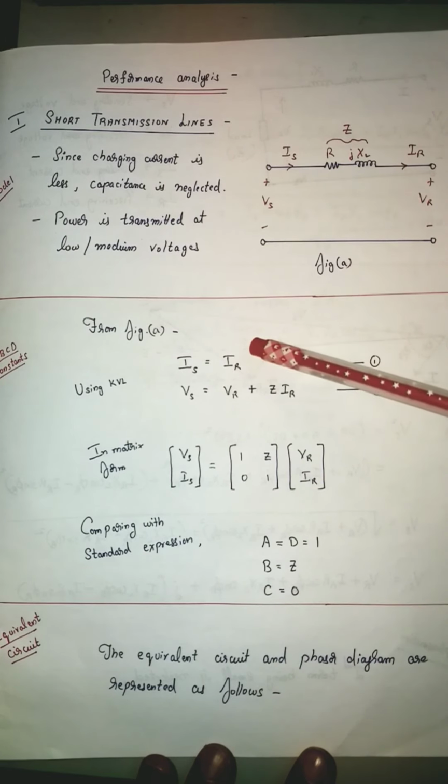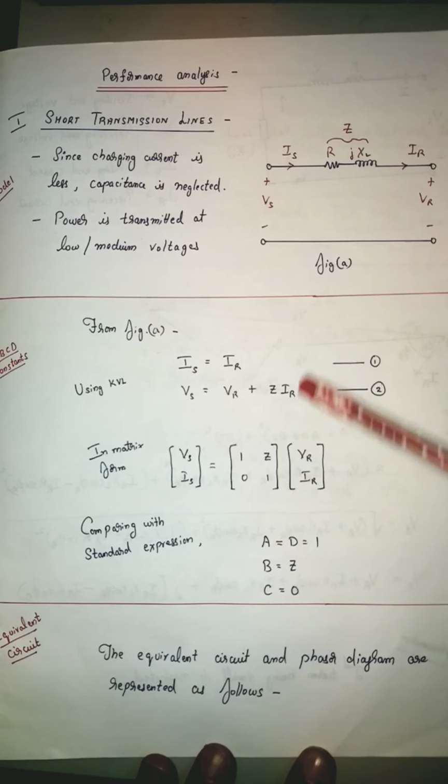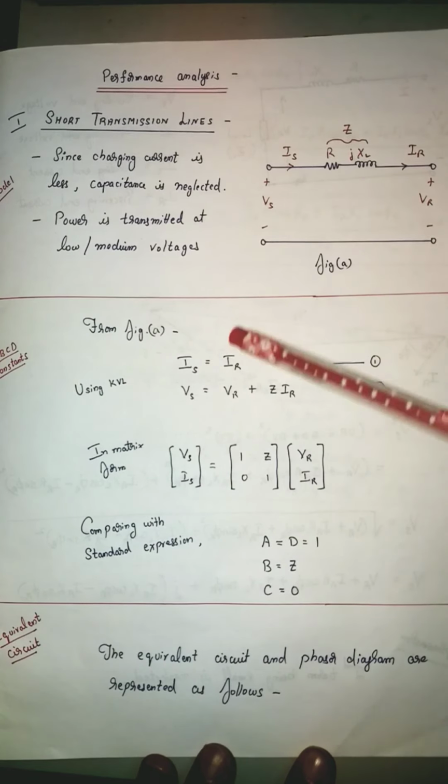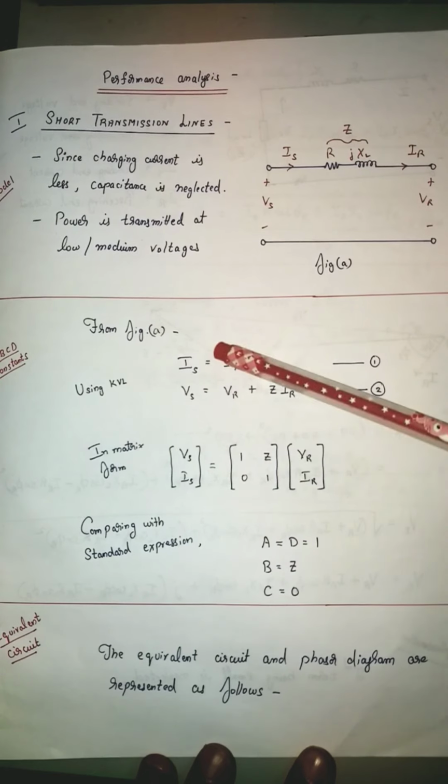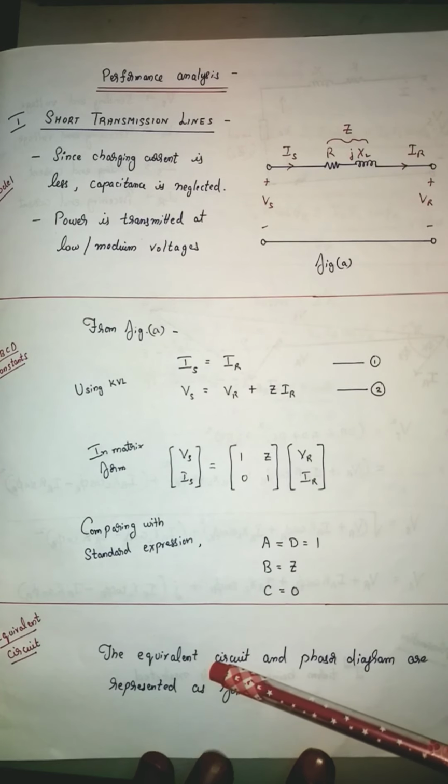Write the expression for sending end voltage, sending end current in terms of receiving end voltage and current, and then try to find the ABCD constants. So first part is writing the equivalent circuit, second part is finding the ABCD constants, and third part is drawing the phasor diagram and getting the expression for sending end voltage.